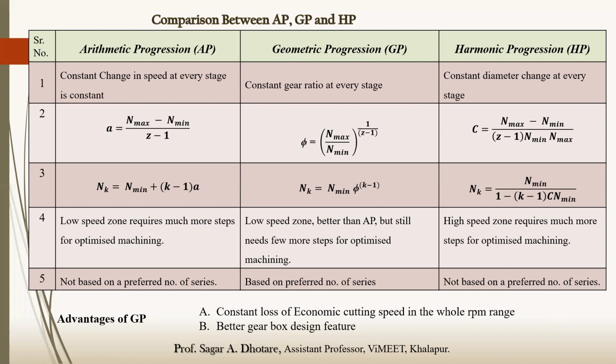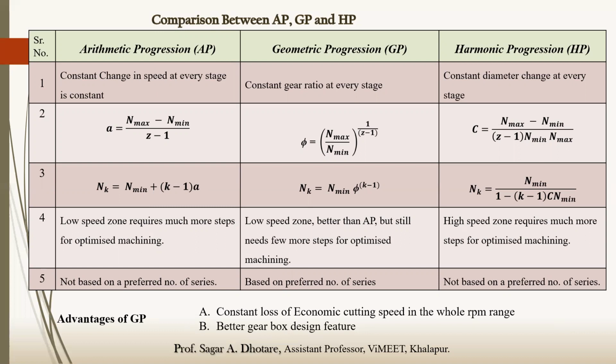In geometrical progression, we are doing the variation in gear ratio, that is phi is equal to n max divided by n minimum, raised to 1 upon z minus 1. In harmonic progression, we are doing the variation in the diameter. So here the value of C is equal to n max minus n minimum divided by z minus 1, into n minimum into n max.